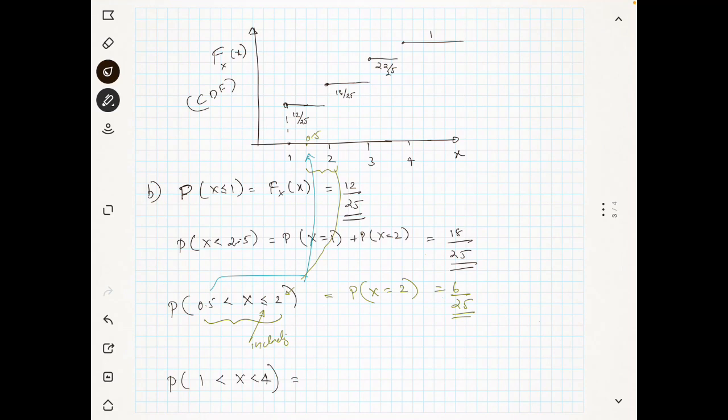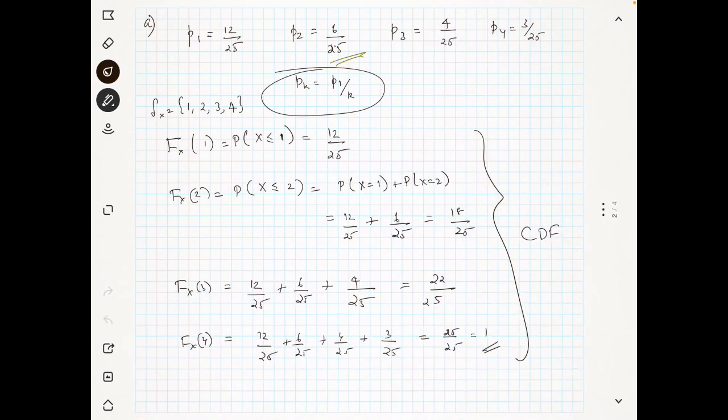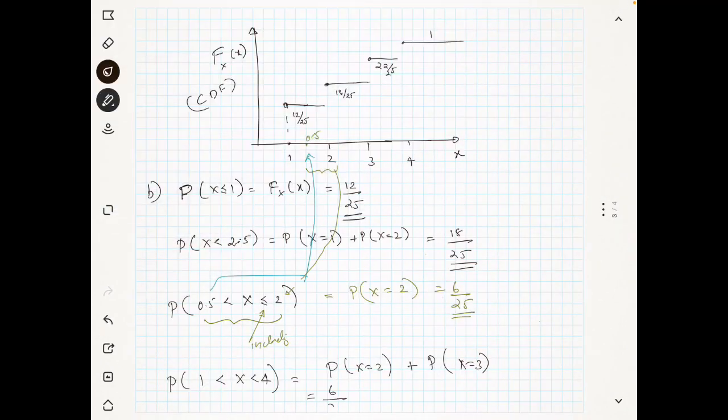So it is the probability that x is equal to 2 plus the probability that x is equal to 3. The probability for x equal to 2 we have already seen: P2 is 6 by 25 and P3 is 4 by 25. That means 6 by 25 plus 4 by 25, which is equal to 10 by 25.